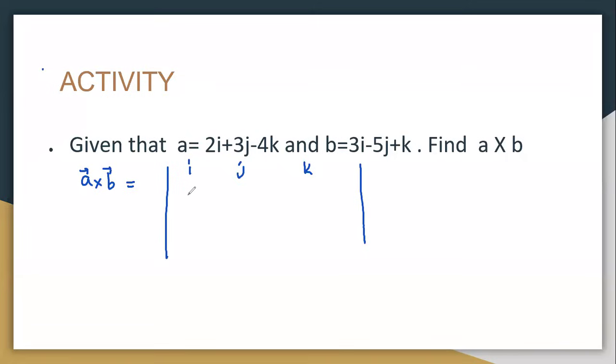A cross B, so I'll start with A, so I'll say 2, 3, -4. Then I'll go and I have the B, so the B will be 3, -5, and I'll go on here and I'll have my 1. That is the first extraction. That is the first thing you do.